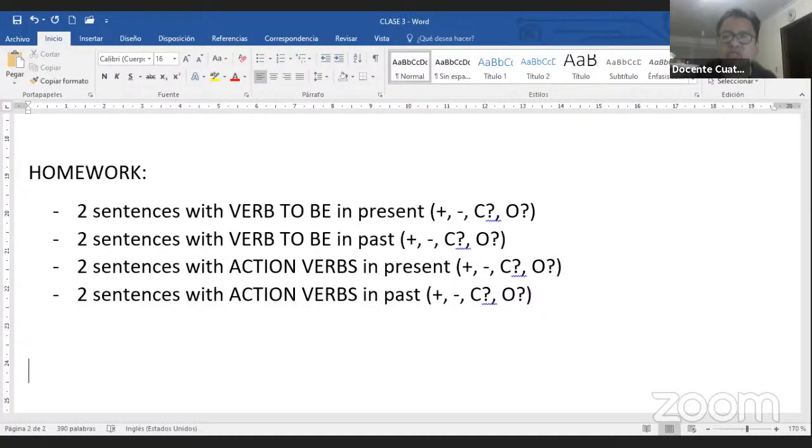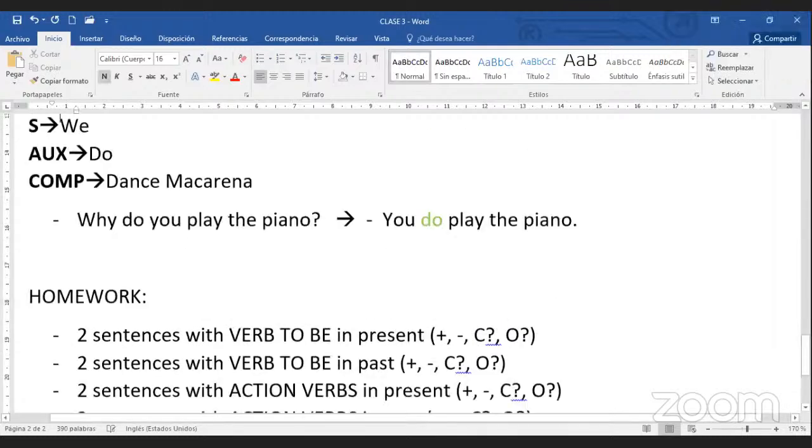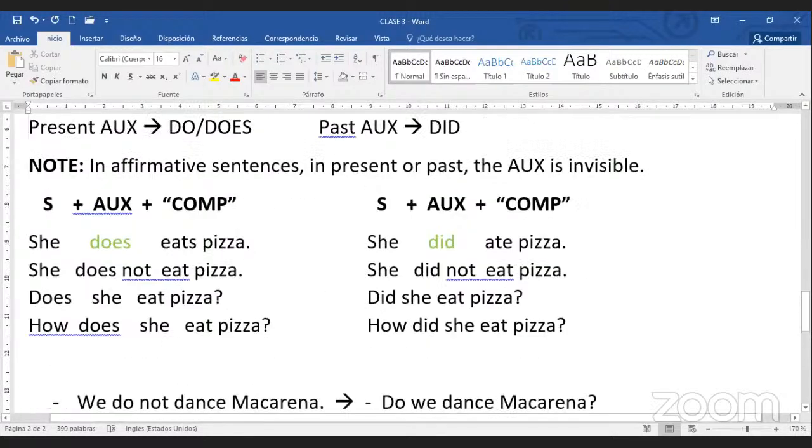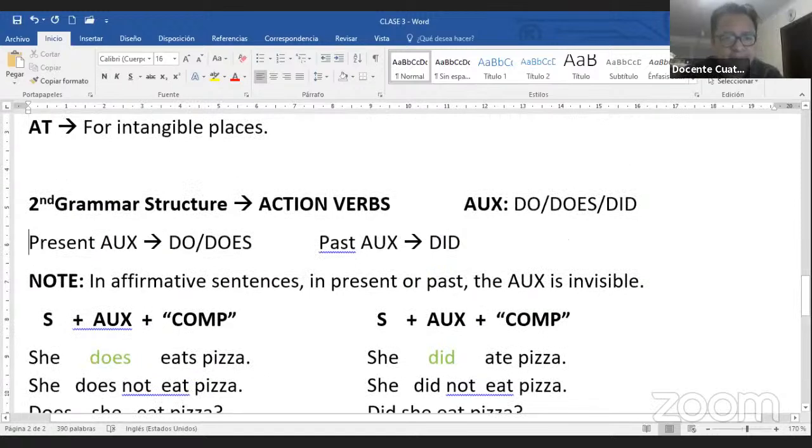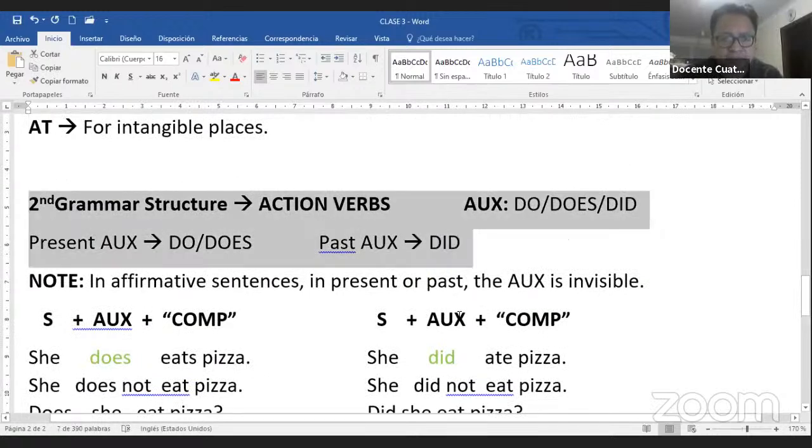Which words are necessary for you? Which words do you use in your life? Don't check a dictionary, don't check a text. Imagine your words and write the word in Spanish and English and learn new words. Very good. So now let's go for the next grammar structure.